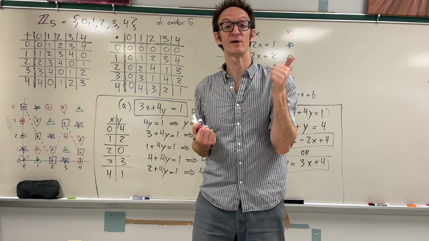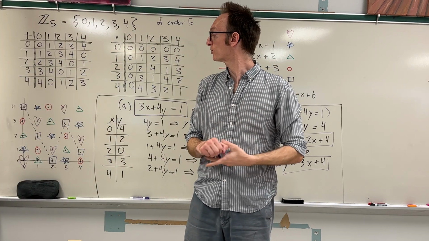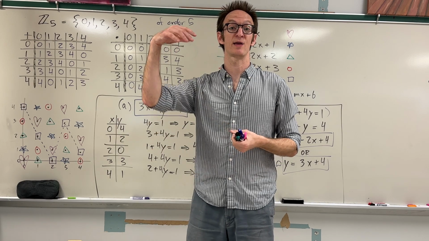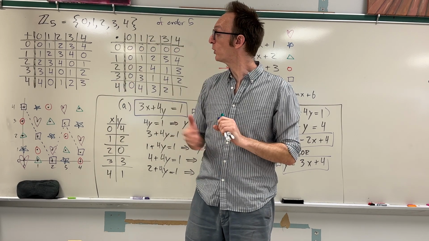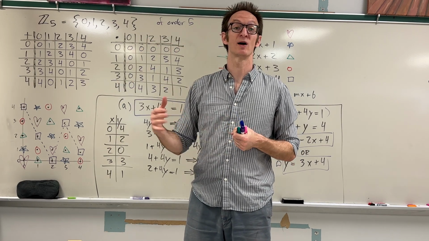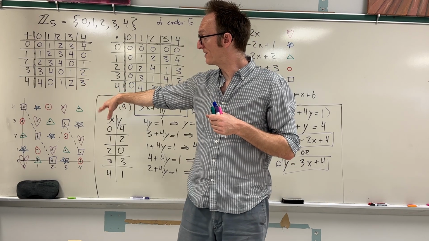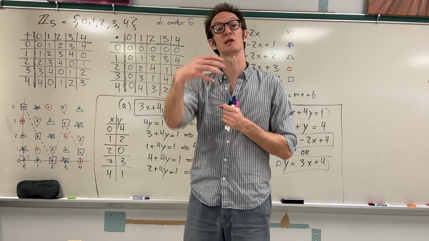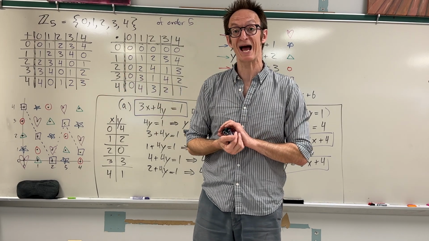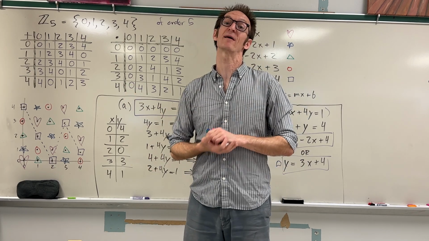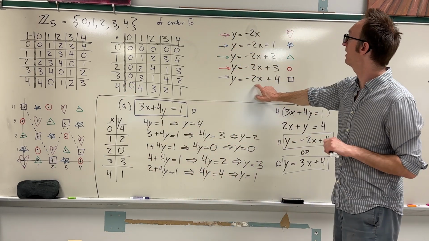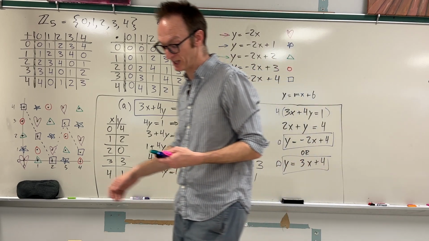It's a finite affine model of order 5. There are thus 5 squared equals 25 points. There are 5 lines that I've presented here. Each line passes through exactly 5 points, and all of these lines are parallel to each other because they all have slope negative 2 or slope 3.